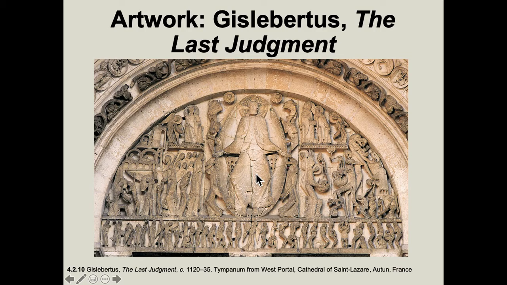So in the Last Judgment, over here we see people who are doing well, and that they're going to reach heaven. And then over here, these people who have sinned are suffering. And this is over a doorway in this cathedral in France.